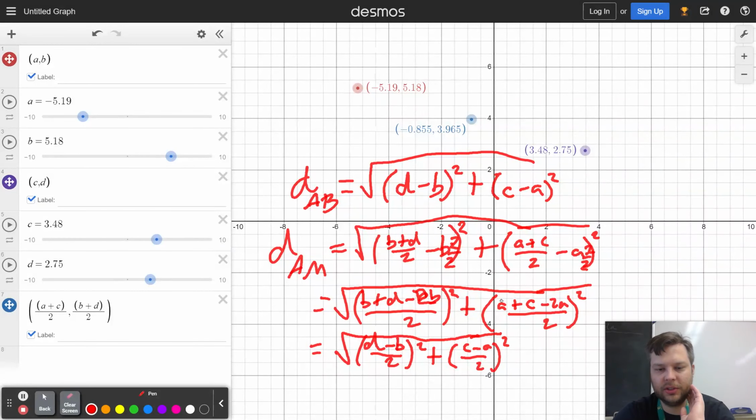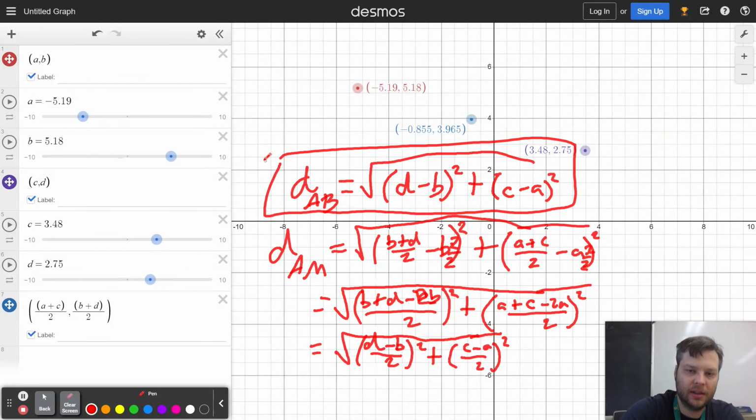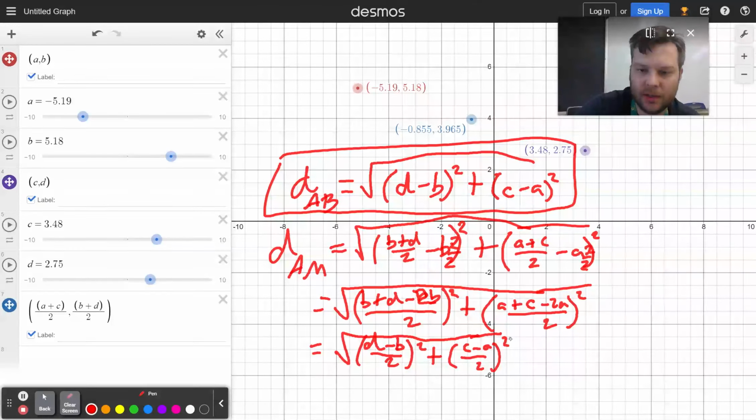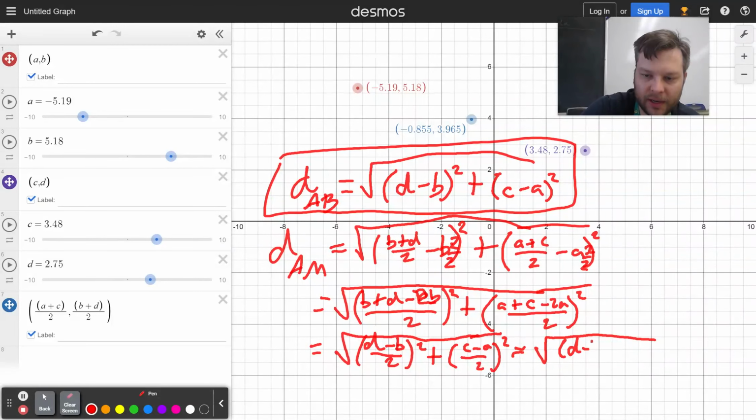It looks so close to the original distance that we got here. Just compare and contrast for a second. The only difference is we have an over 2 in both of those. It turns out that when you have a fraction and an exponent, you can distribute the exponent to the top and bottom of the fraction.